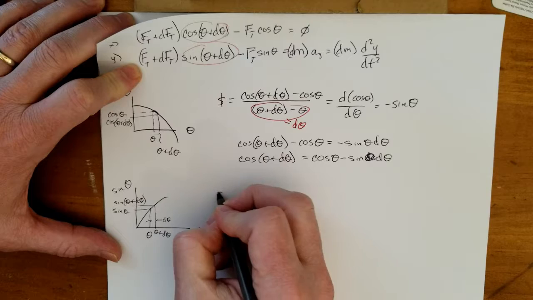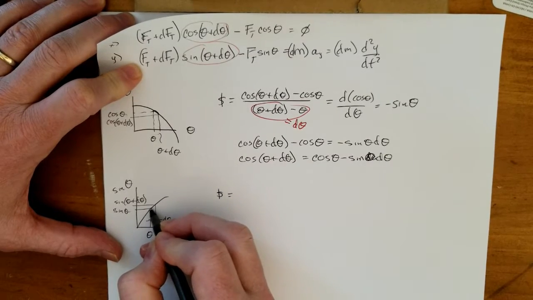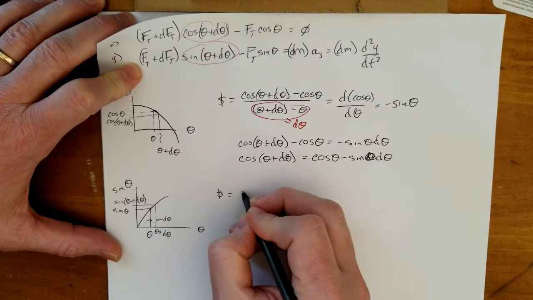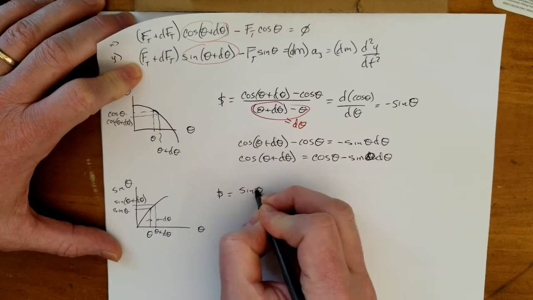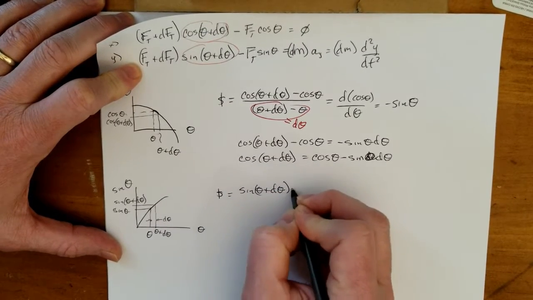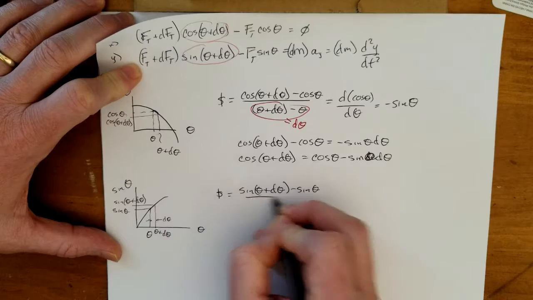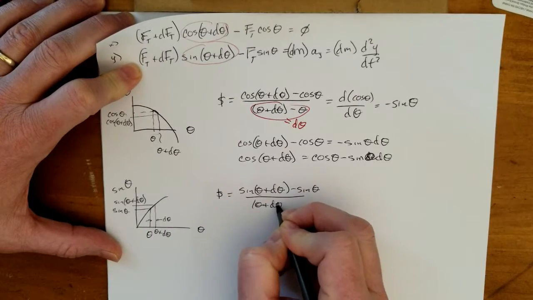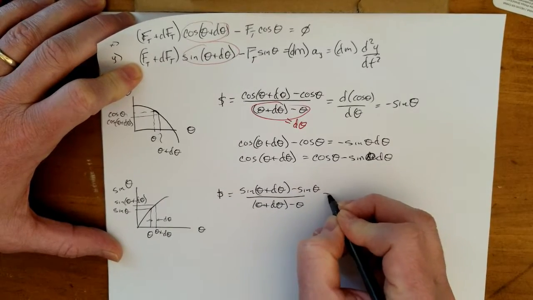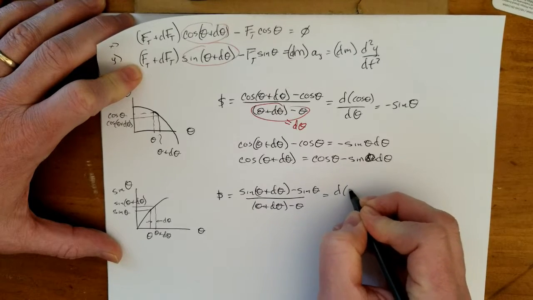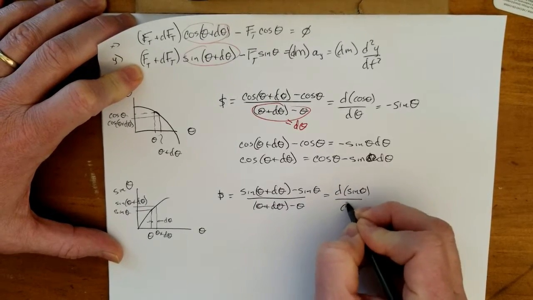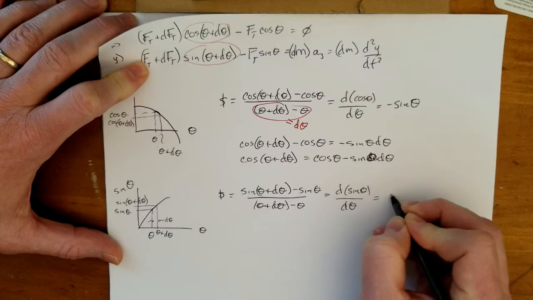So going through a similar process here, my slope between these two points is going to be equal to sine theta plus d theta minus sine of theta over theta plus d theta minus theta, which is equal to the derivative at that point, sine theta over d theta, which is cosine of theta.